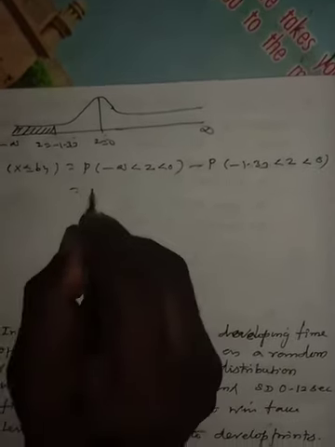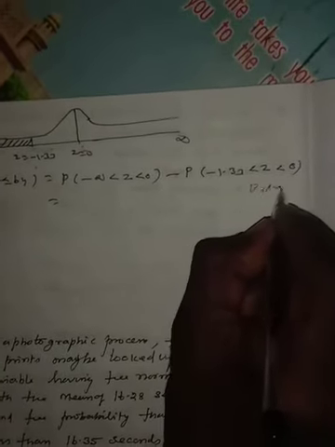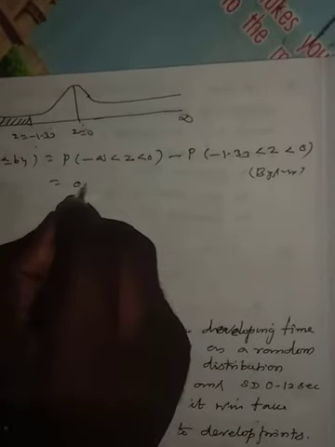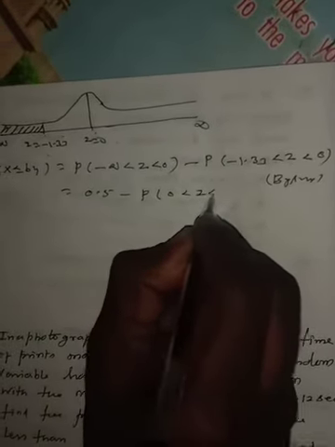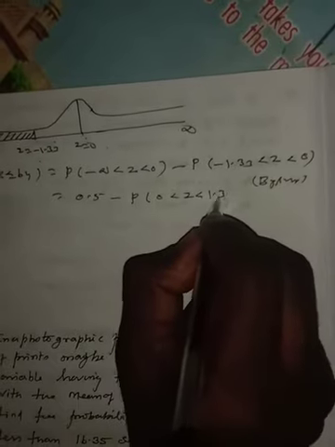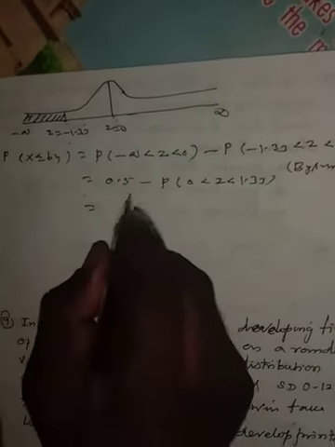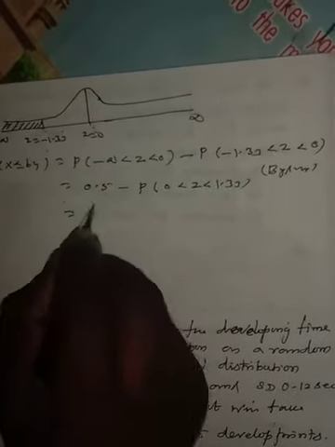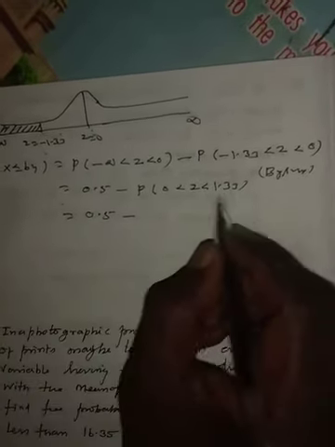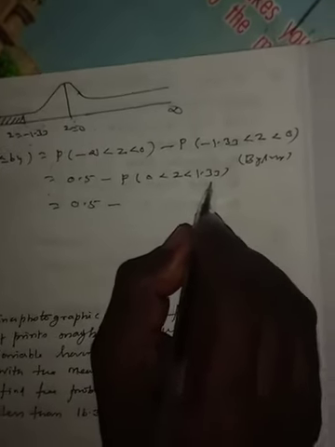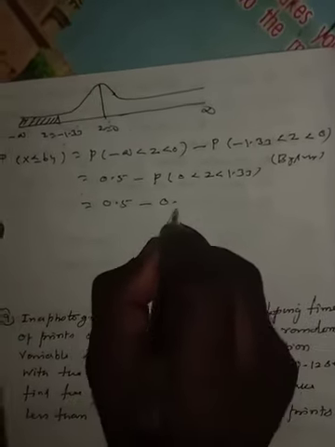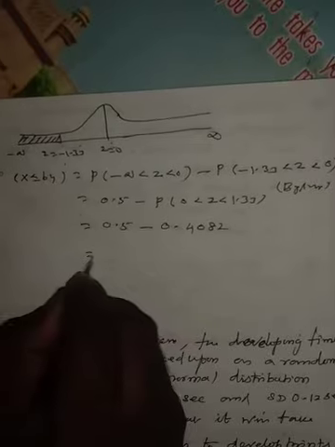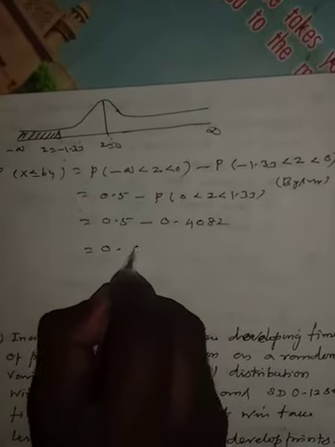By symmetry this can be taken as positive, so 0.5 minus the probability of 0 less than z less than 1.33. This can be written as 0.5 minus, using the normal distribution table, 1.33 is 0.4082. Subtracting, we get 0.0918.